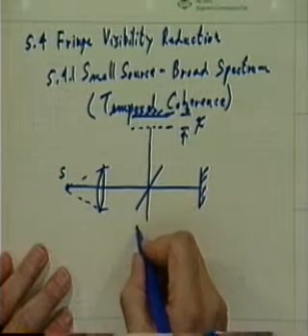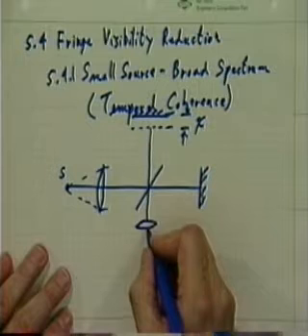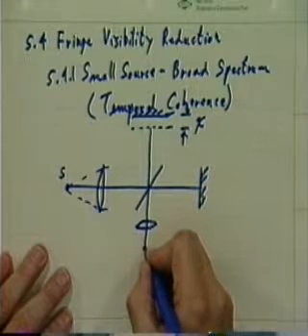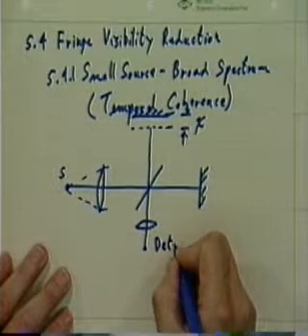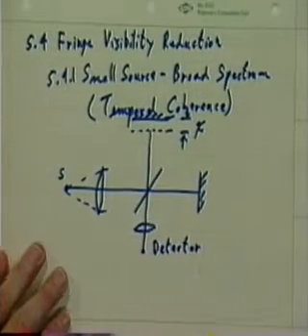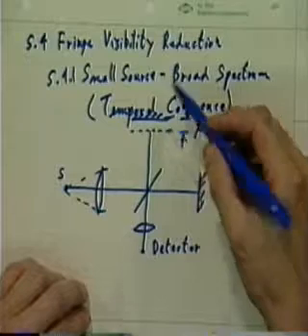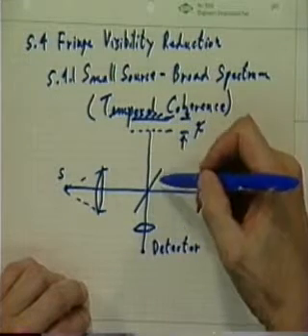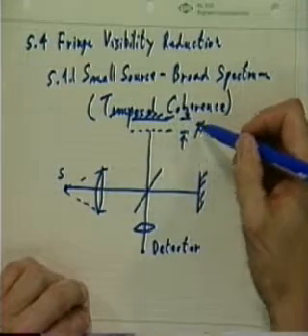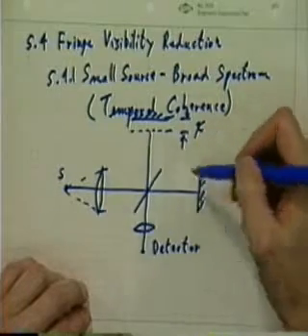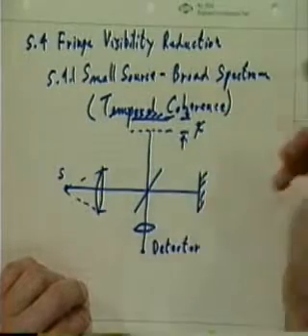Light comes down here, and I'm just going to focus the light on a detector. So the mirror's up here, and the path difference is x here, or the round trip path difference will be 2x, because light will go up here and back.